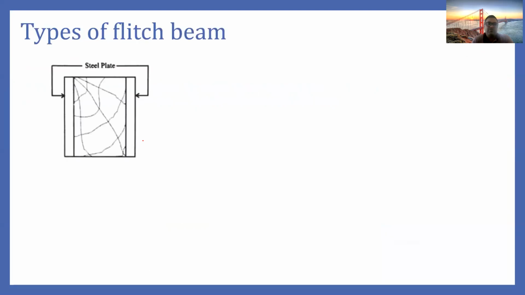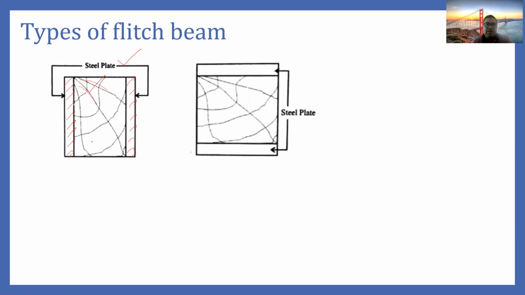The types of flitch beams depend on the position of the steel plates. For example, in this first type of flitch beam, we have steel plates on the sides, and in between there is the timber. Similarly, we can add steel plates on top and bottom.